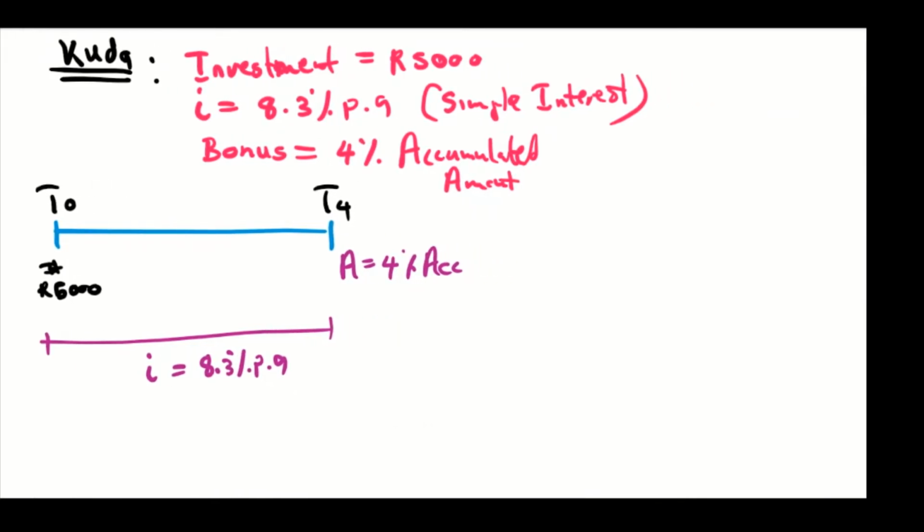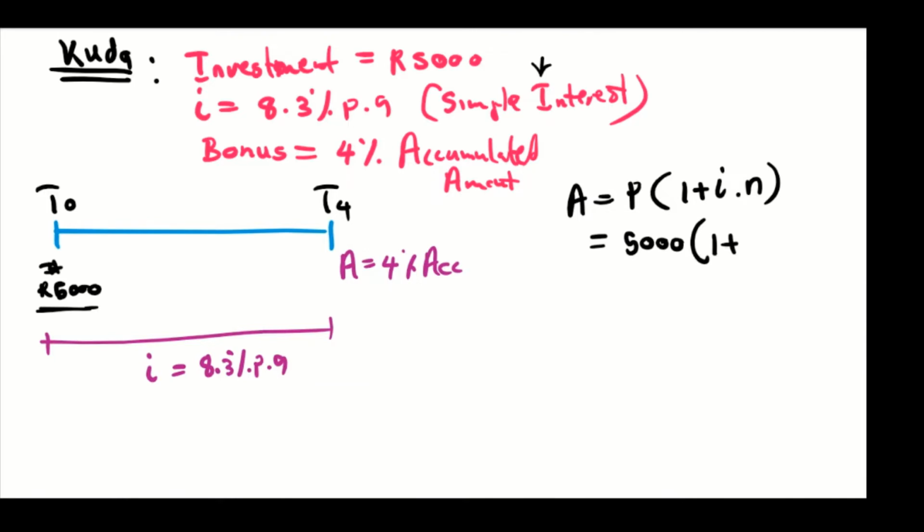Because this is simple interest, you will say A is equal to P into (1 plus i multiplied by n). We want the accumulated amount, so the present value is the 5,000 that was invested at T0, so it's 5,000 into (1 plus the interest rate of 8.3%).